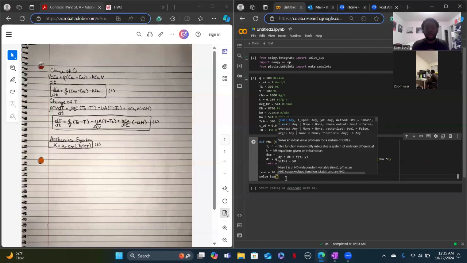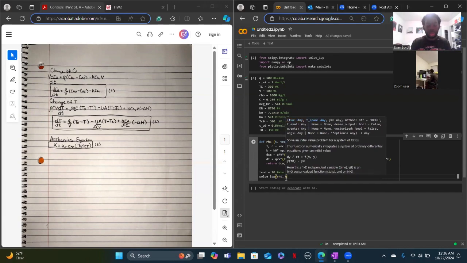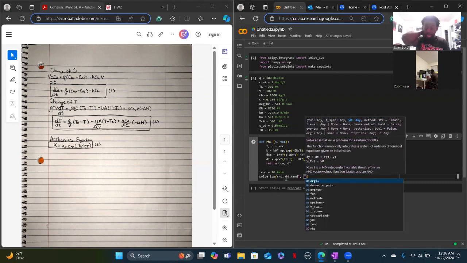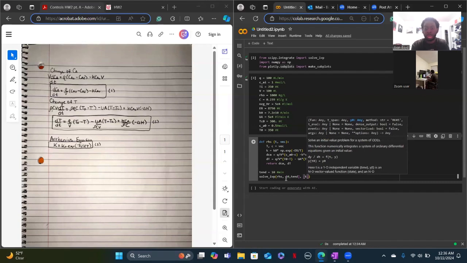Okay, I am back. All right, so now let's put in our function, solve_ivp. So let's put the right hand side. Next, we'll put our t_span. So we'll put this as 0 and then t_end. All right. Next, we'll put in our initial guesses. So that will be our initial values at time 0, so our T0 and our CA0.